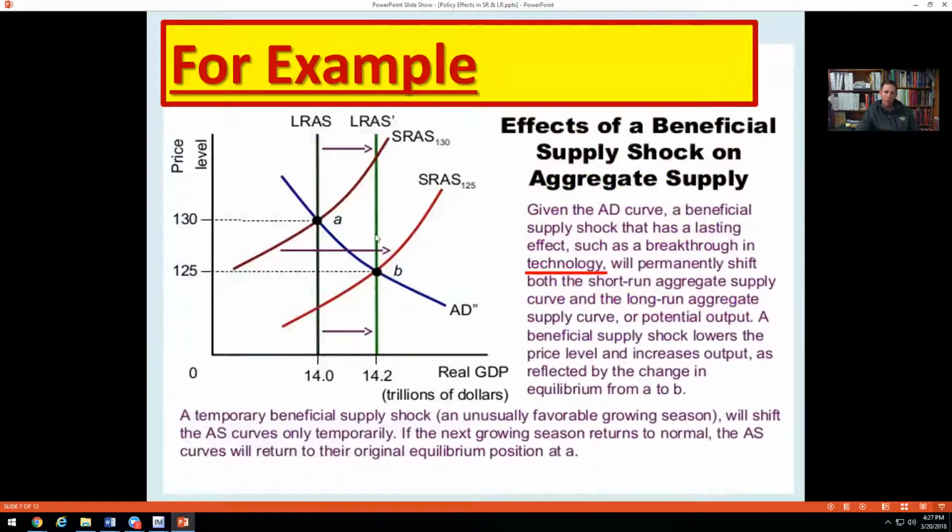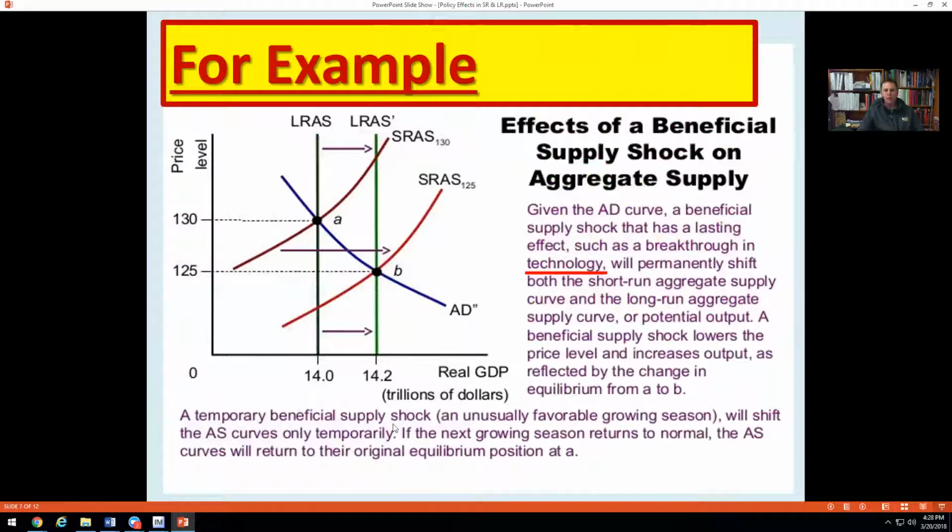And this will be our new potential, which is the best possible scenario. It says it will permanently shift both the short run and the long run curve. A beneficial supply shock lowers the price level, as you see, because aggregate supply is shifted to the right. And then long run potential catches up.